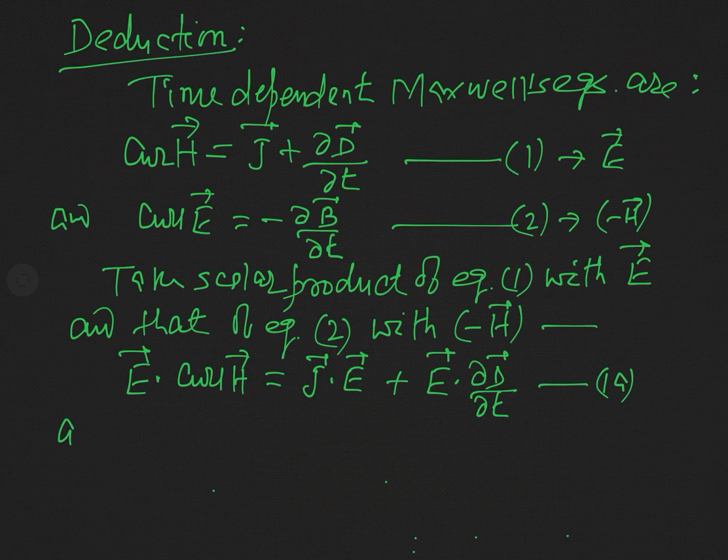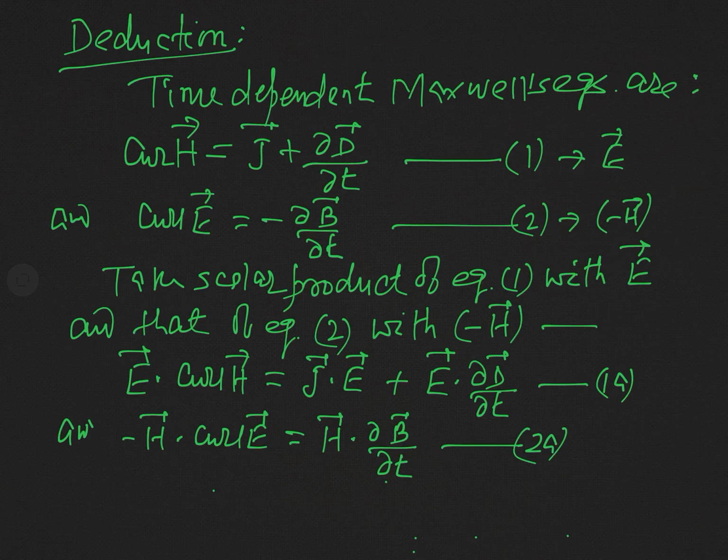Now we have to take the scalar product of equation 2 with minus H. So what will be our result? There will be minus H dot curl of E, and this will be equal to, as in the RHS there is a minus sign, that will cancel out, and our result will be simply H dot del B by del t.